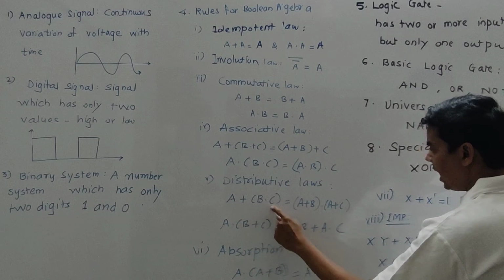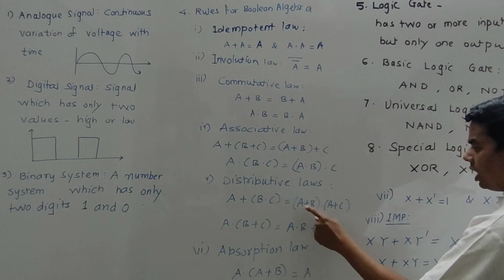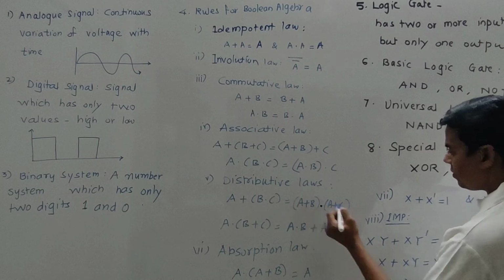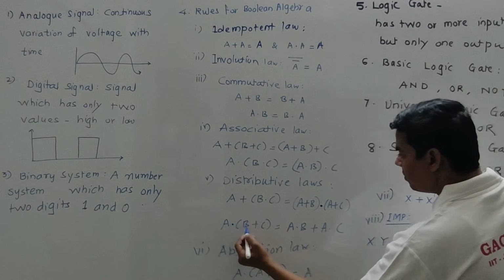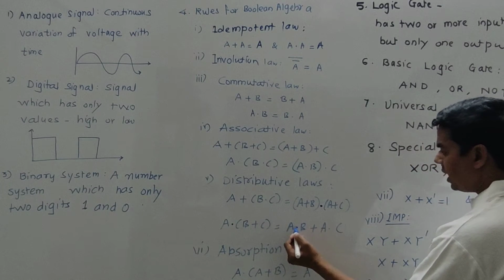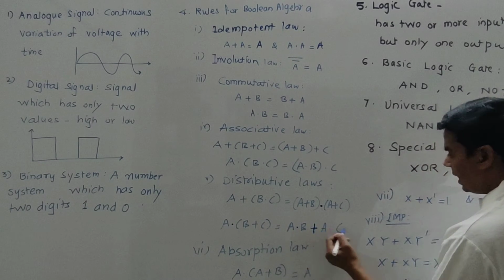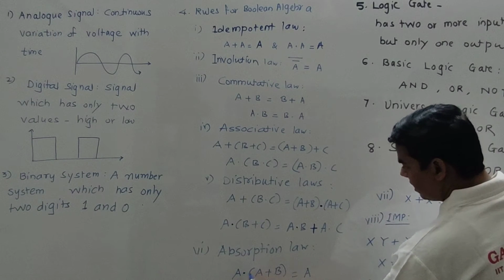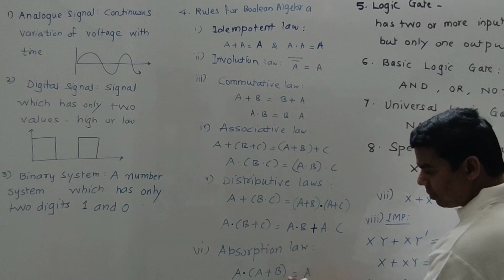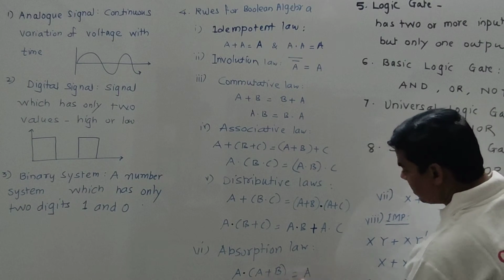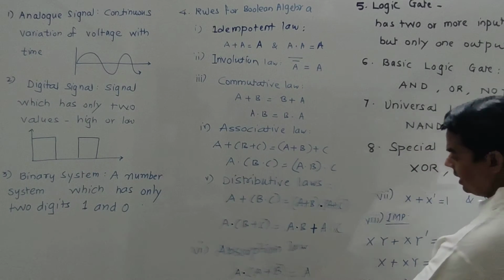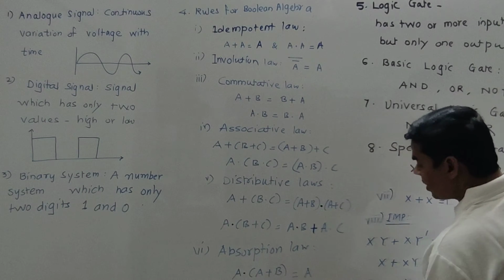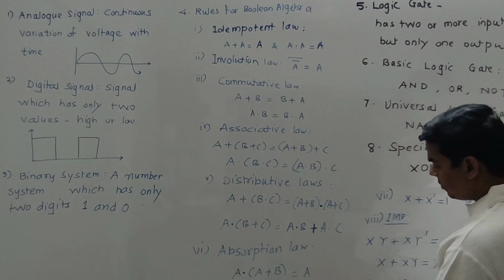A or B and C is equivalent to A or B and A or C. A and B or C is equivalent to A and B or A and C. Absorption laws. A and A or B: in this case, B is absorbed and the final answer is A only. A or A and B: in this case again B is absorbed, and the final answer is A.